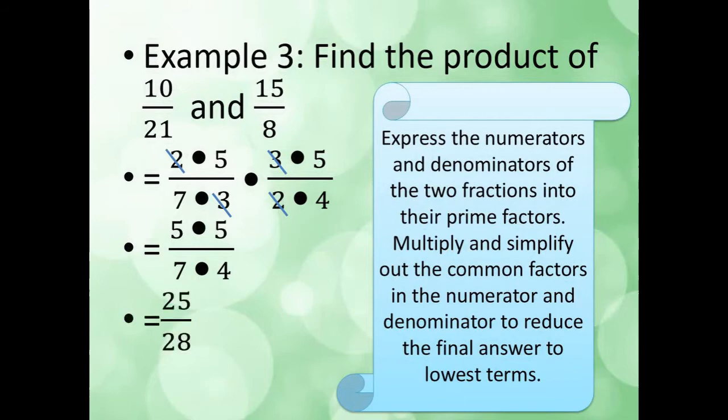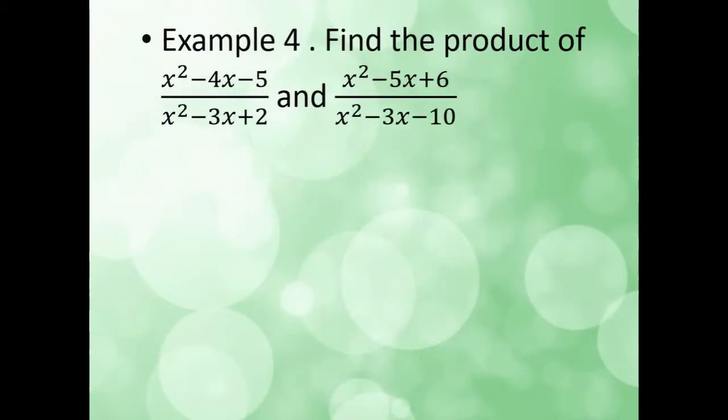Example number 4. Find the product of (x squared minus 4x minus 5) over (x squared minus 3x plus 2) and (x squared minus 5x plus 6) over (x squared minus 3x minus 10). Let's review factoring.